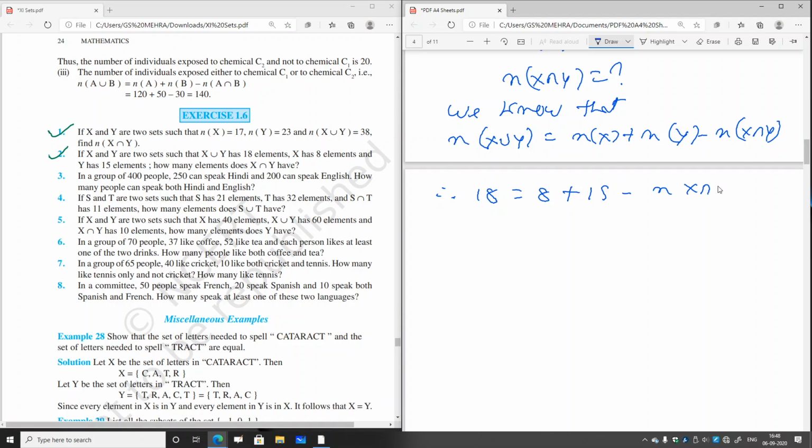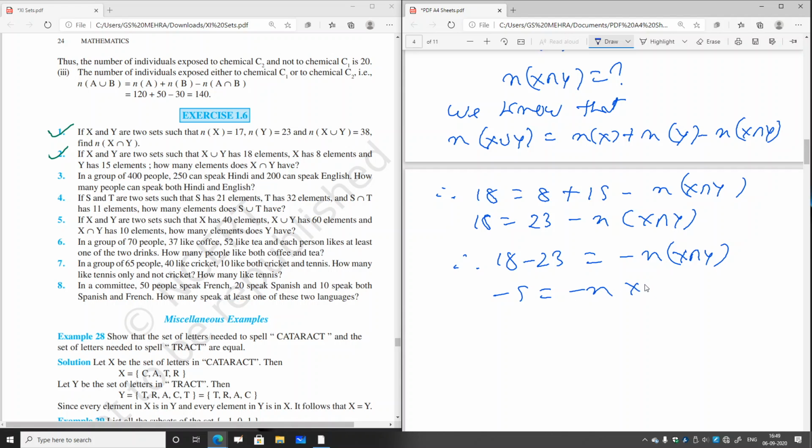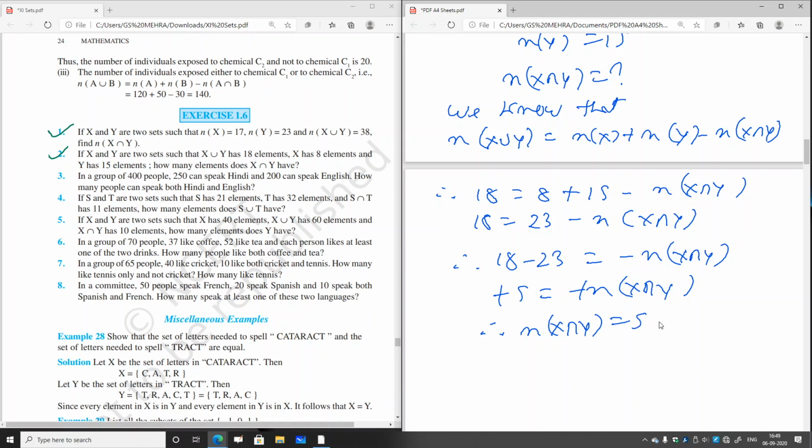So 18 equal to 15 plus 8 is 23 minus n of X intersection Y. Therefore, 18 minus 23 is minus 5, equal to minus n of X intersection Y. The minus and minus cancel out. Therefore the number of elements in X intersection Y is equal to 5.